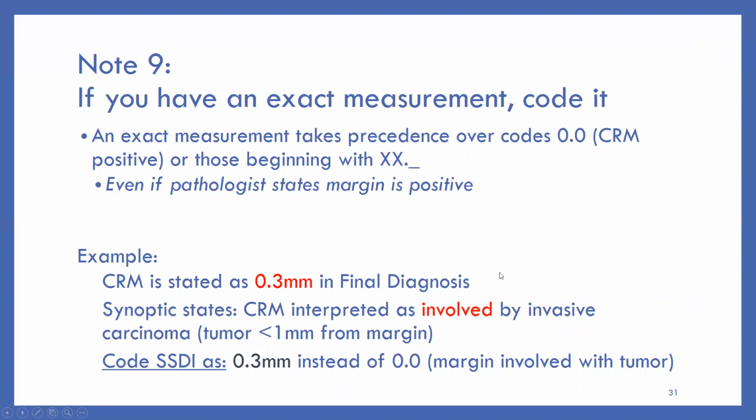In the example below, the radial margin is stated as 0.3 millimeters. The radial margin synoptic states that it is involved, it's positive, and it's less than 1 millimeter from the margin. But since we have an exact measurement, we will take that instead of the 0.0.